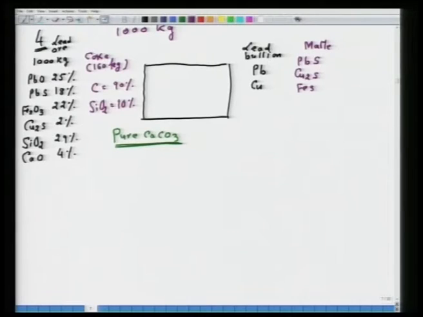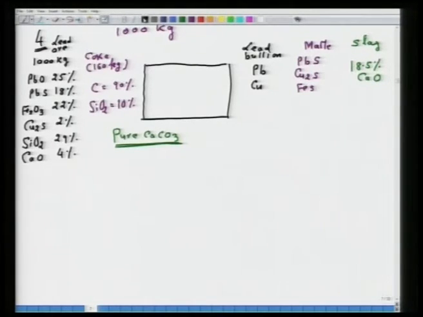Then slag, and it is said slag has 18.5% calcium oxide. That is what the problem says. Now, you have to find the amount of lead bullion, matte and calcium carbonate. That is what you have to find in this particular problem. Now, they are all smelted in the blast furnace, and these are the outputs that are given.